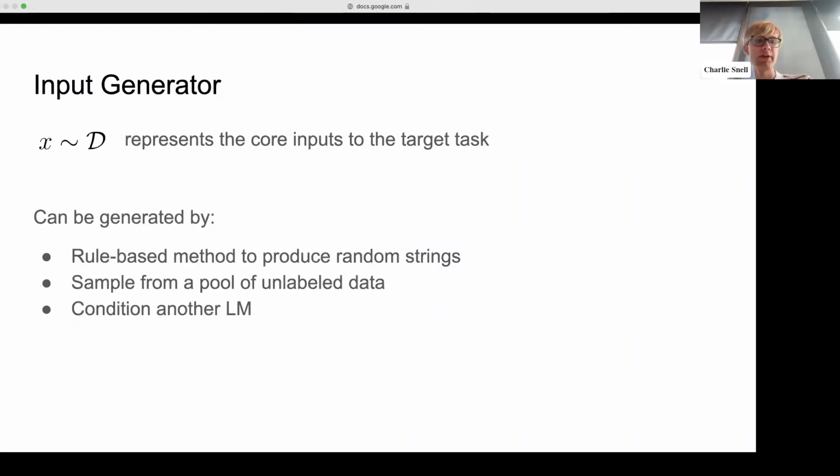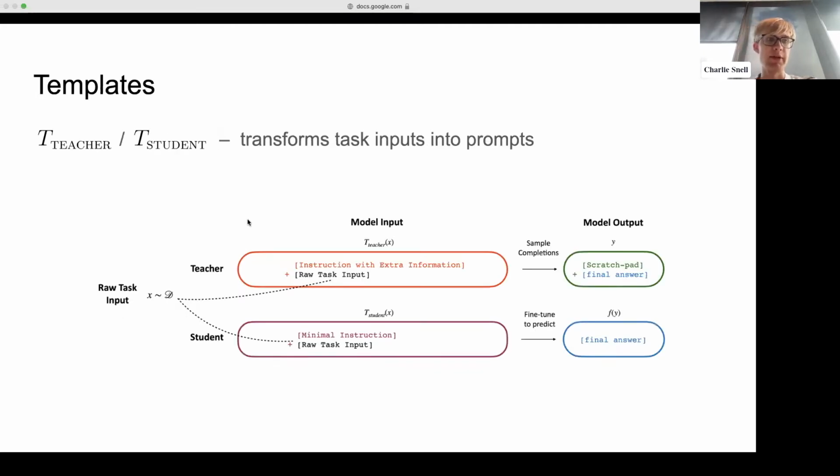And the input generator can produce these inputs by either some rule-based method that, you know, maybe just generates random strings or synthesizes the strings. Or it could be a pool of unlabeled input data, like training data that you just sample from, or you could generate these input strings by just prompting another language model, generate movie reviews, and get a bunch of different movie reviews sampled from the language model. So that's the input generator.